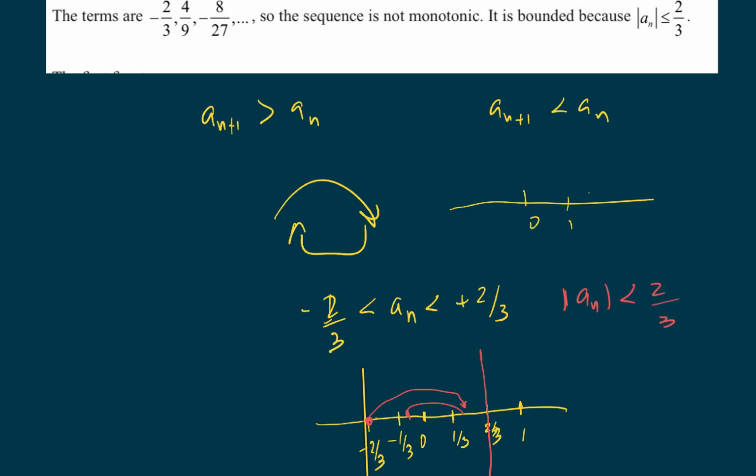You cannot go farther to the right than 2/3 or farther to the left than minus 2/3. You can never be here, you can never be here. You are between 2/3 and 1/3. But because the sequence is non-monotonic, it will not converge.